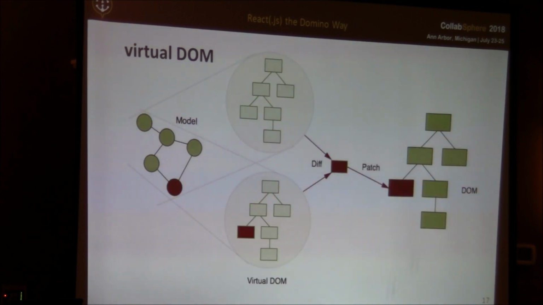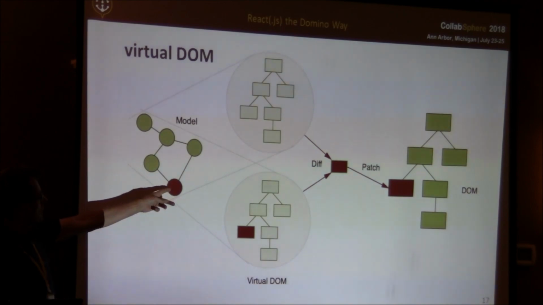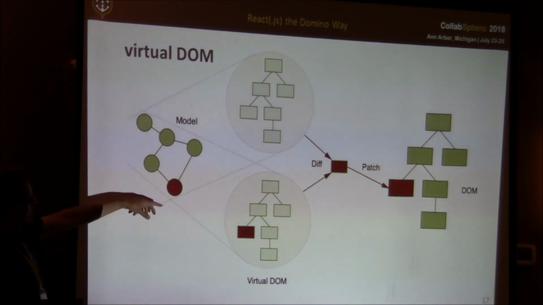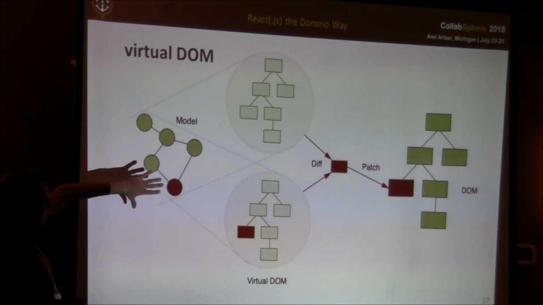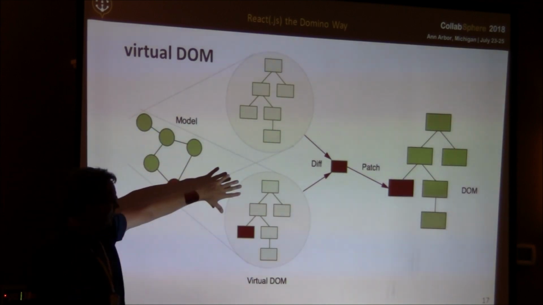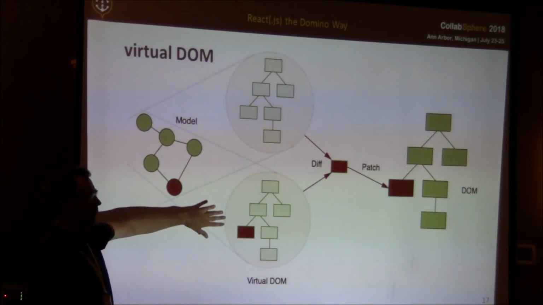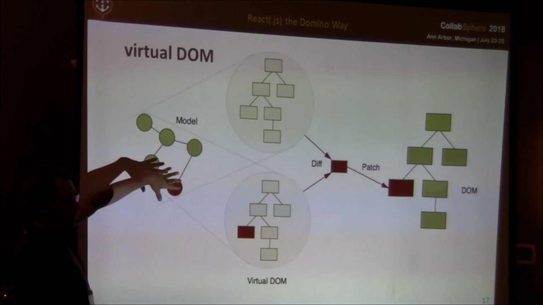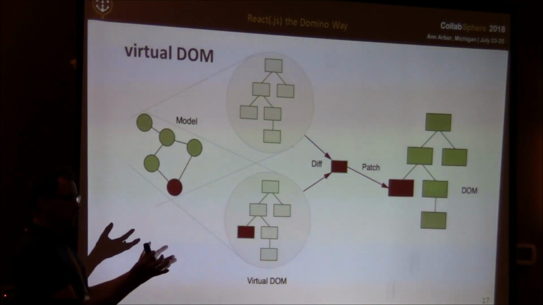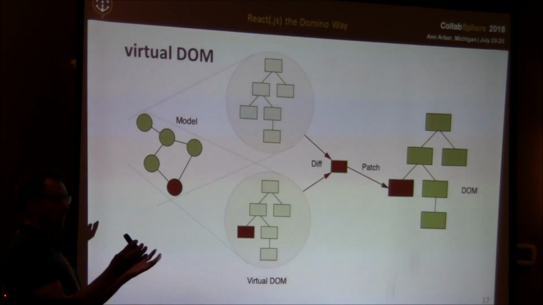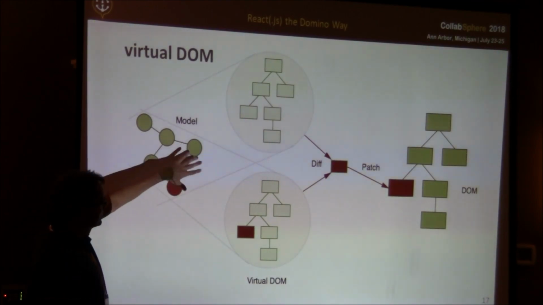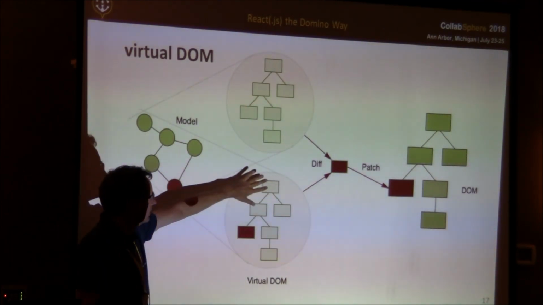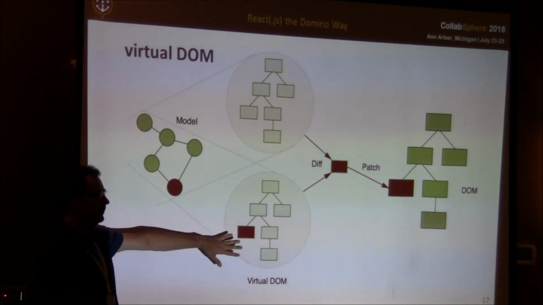Okay, what happens if data changes? Then React will calculate the complete new virtual DOM again. So it's a lot of work, but it's all in memory, very fast. JavaScript is a very fast language, and so it can very quickly create this new virtual DOM.